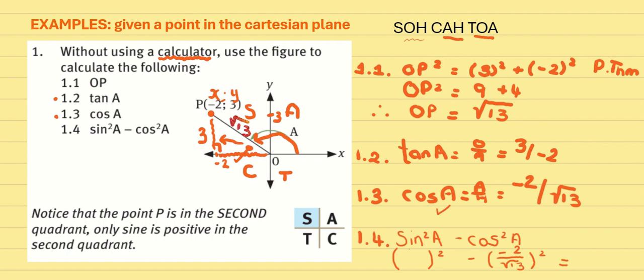The opposite side is 3 and the hypotenuse is the square root of 13, right? Now once you type this in your calculator, you should get an answer of 5 over 3. Okay, please be extremely careful when you type it in. You need to make sure that bracket is covering your entire fraction, okay, otherwise your answer might be affected.